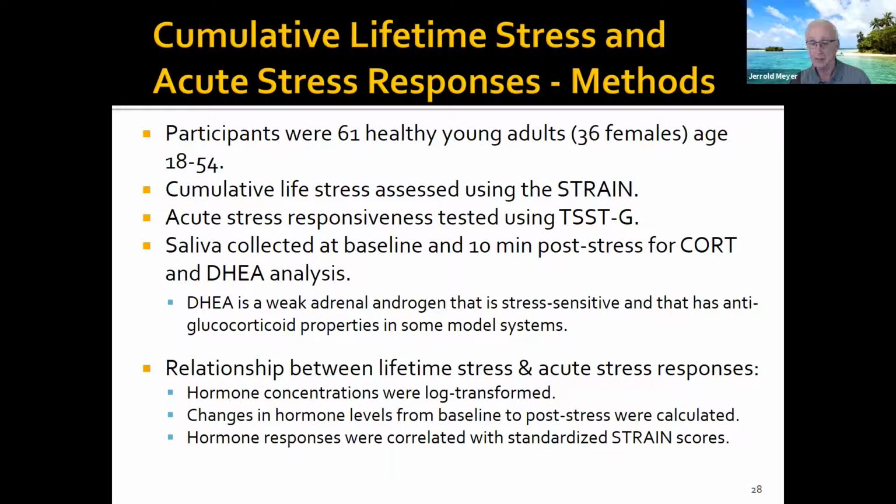The distribution of the data is often right skewed, and so you need to do some kind of transformation to normalize the distribution. This is one of the common ones. And they looked at the change in hormone levels from baseline to 10 minutes post-stress. They didn't have detailed measures here in the Trier, so that's a limitation. And then they correlated the hormone responses with the strain scores.